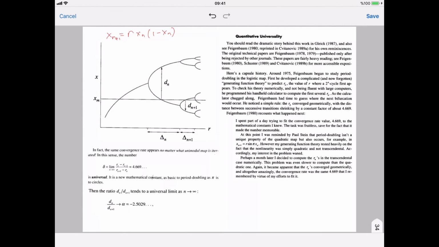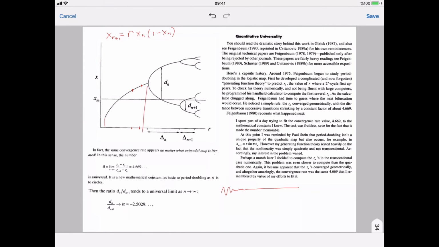We realized that when R is somewhere here, then the period is 1, like all oscillations converge to a single point. For R equals this one, that point is this one. For R equals this one, that point is this one.